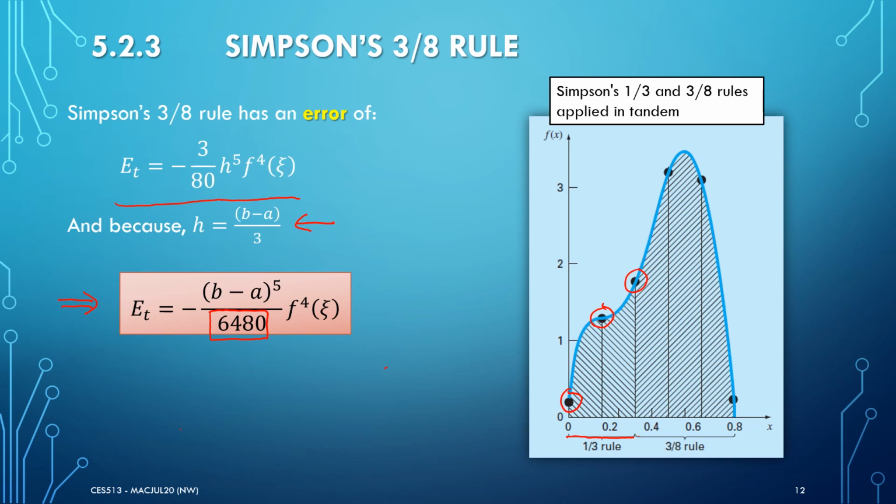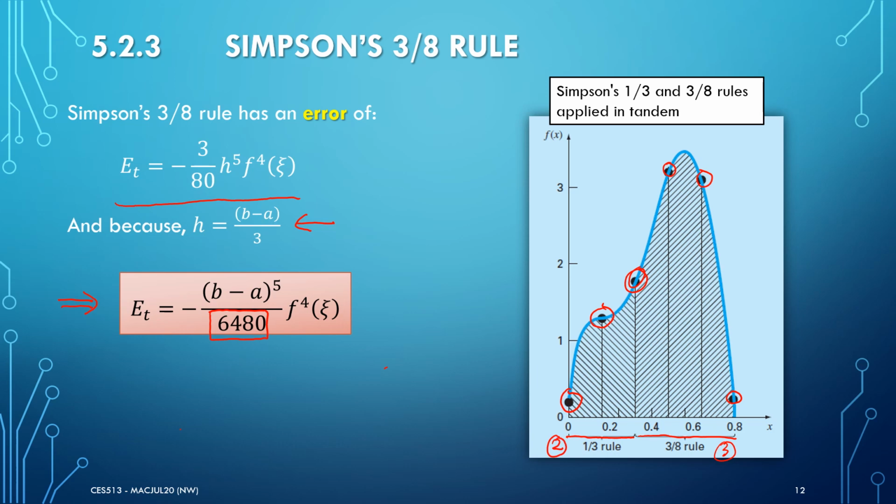So for the 3/8 rule, it requires 4 points: 1, 2, 3, 4. But the 3/8 rule has utility when the number of segments is odd. For example, for this one, there are three segments, while for Simpson's one-third rule, the number of segments is 2, which is even.